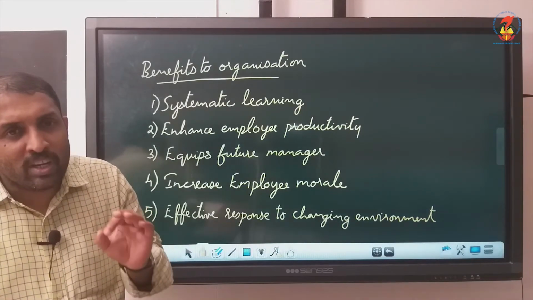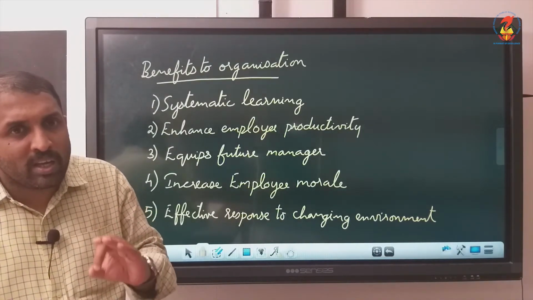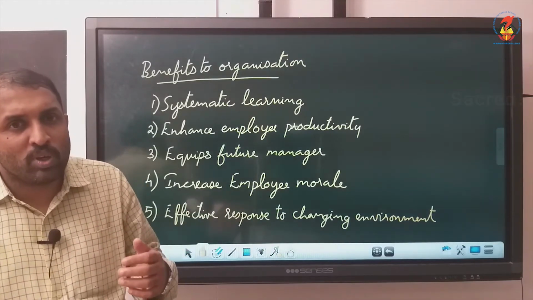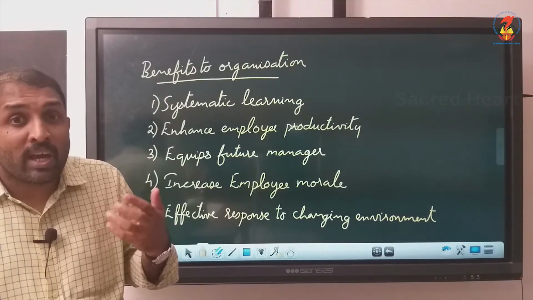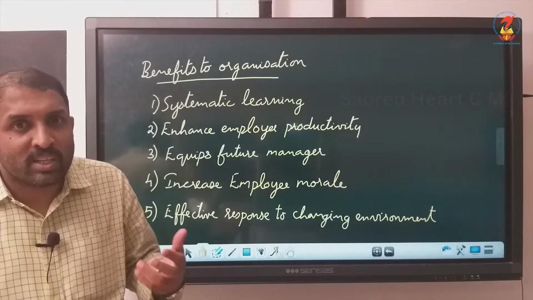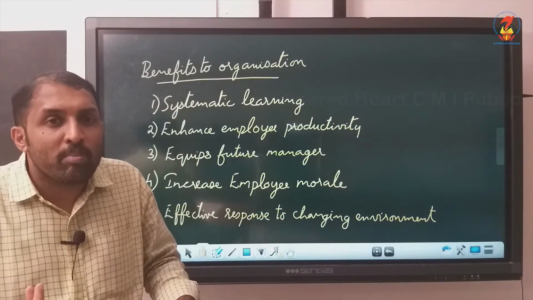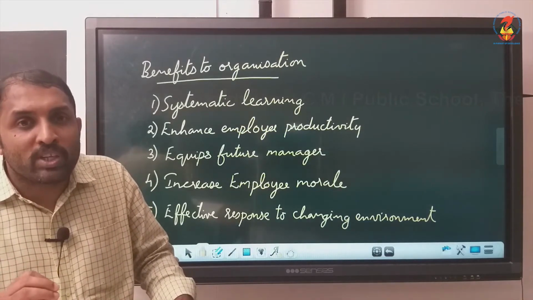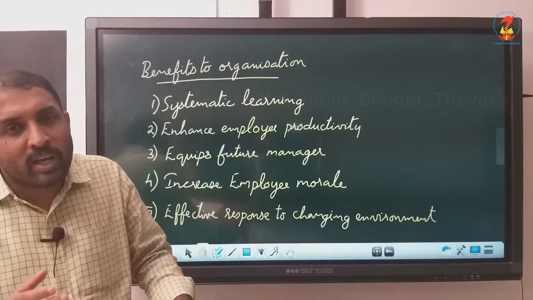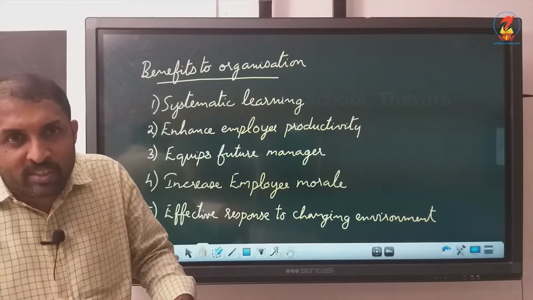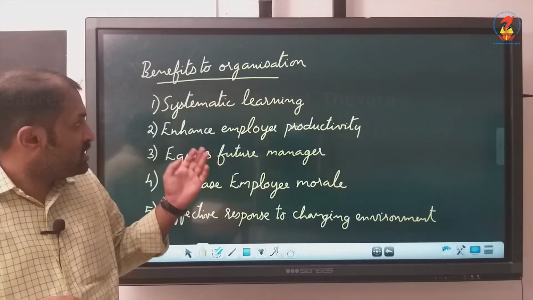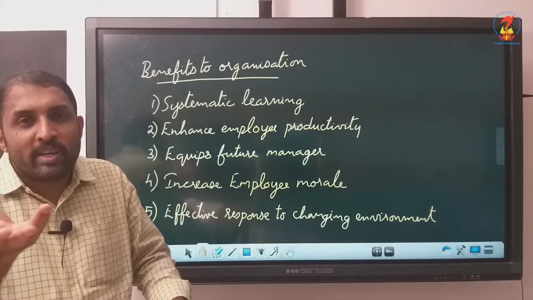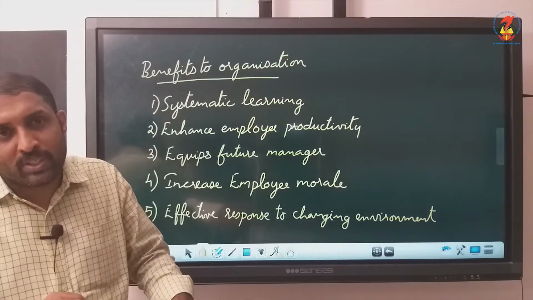But when training is given, the employee knows how it has to be done and what resources have to be used, and can give better output. So it enhances productivity. The employee will be able to give better output to the organization.